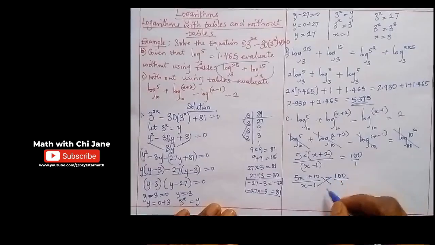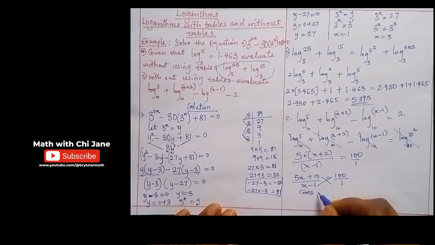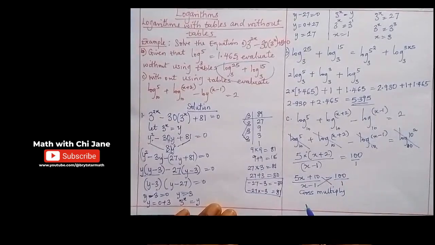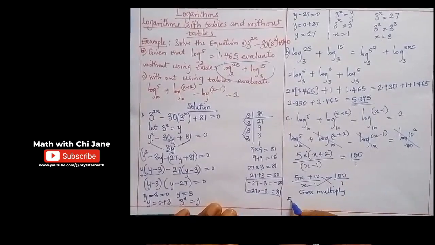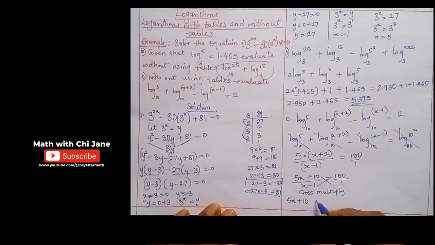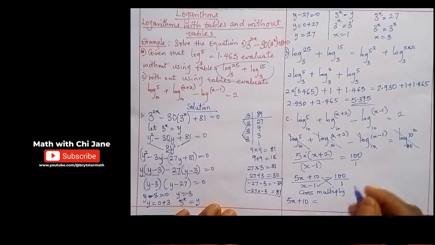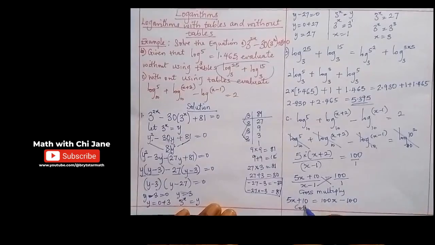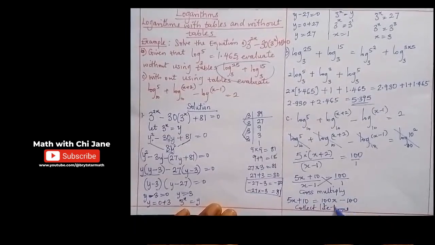You cross multiply. So we have 5x plus 10 is equal to 100 times x, which is 100x, minus 1 times 100, which is 100. So we collect like terms.